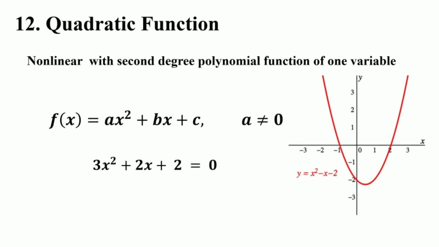The graph of a quadratic function is a U-shaped curve, generally called a parabola. The sign of the coefficient a of a quadratic function affects whether the graph opens up or down. If the coefficient a is less than 0, then the graph opens down, and if the coefficient a is greater than 0, then the graph opens up.